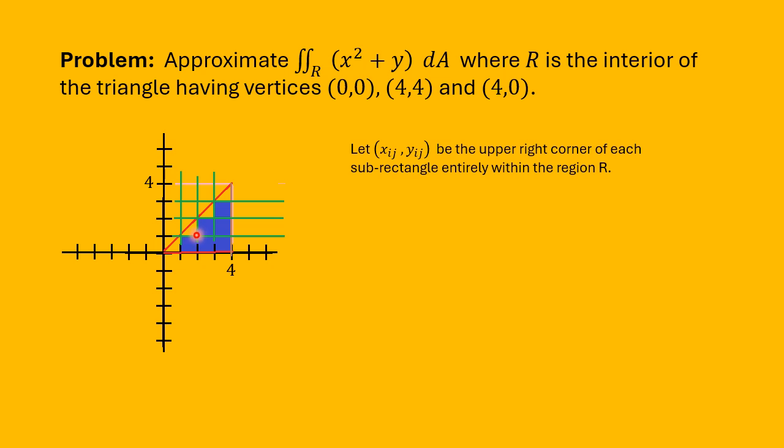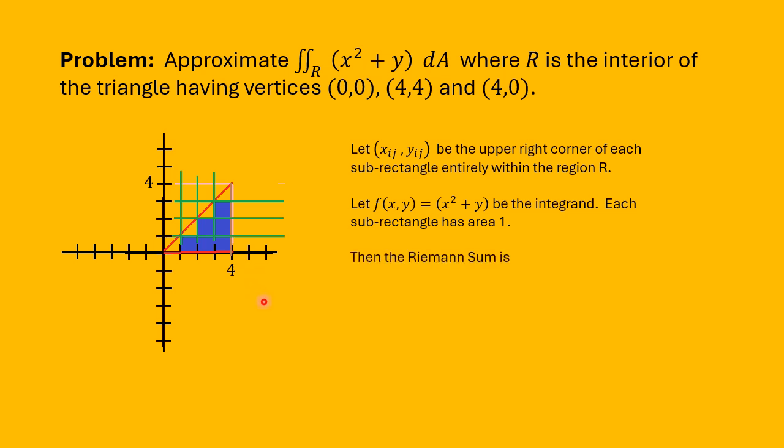And so the first term we'll have is going to be our function, this integrand, evaluated at 2, 1, times the area of this subrectangle, this square. And we'll do similarly for all of the other squares that we see here. So we see that x squared plus y is the integrand. Each of these subrectangles is actually a square that has area 1.